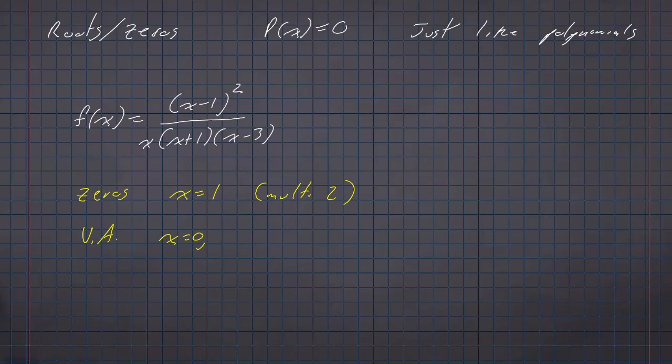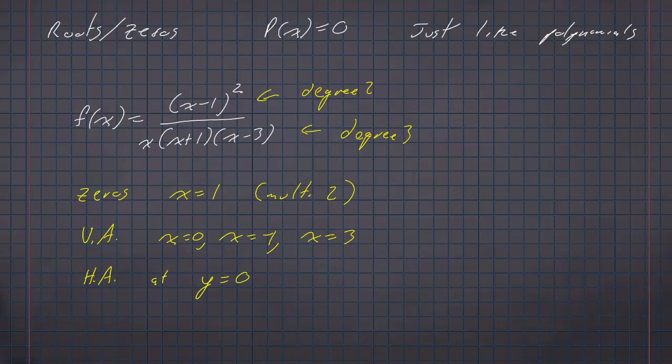That's x equals 0, x equals negative 1, and x equals positive 3. The numerator has degree 2. The denominator has degree 3. Since the degree of the denominator is bigger than the degree of the numerator, there is a horizontal asymptote at y equals 0.